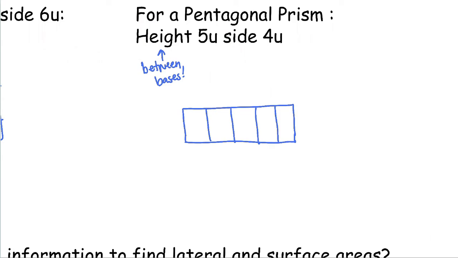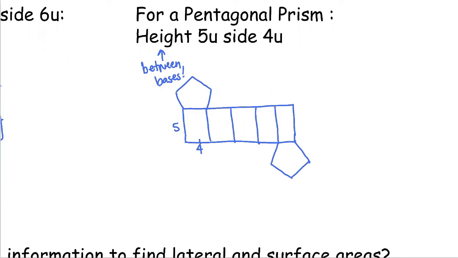And I need a pentagon for the top and a pentagon for the bottom. So 1, 2, 3, 4, and the 5th one at the bottom. That tells me that I have a height between the bases of 5 and a side length of 4.